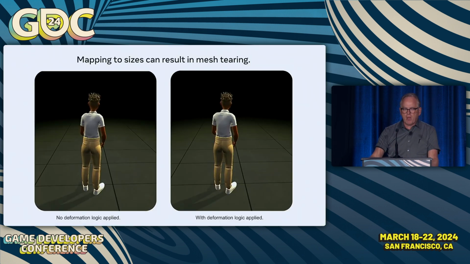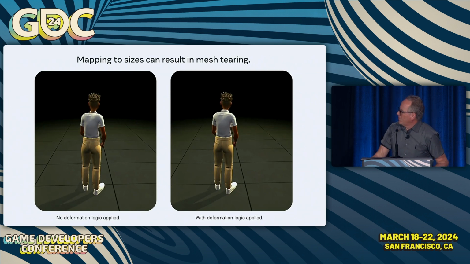So let's look at the first problem that we see. I'm afraid this one may not show up too well on the slides here, but the first thing that we commonly see, because of the way the rig is mapped into the mesh versus the body tracking rig, is that as you start moving around or moving side to side, you'll see the outer skin of the clothing just tear through.